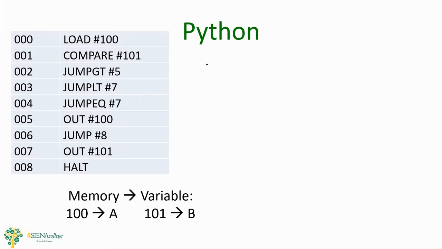Turns out that this becomes an if statement. We're going to load A and we're going to compare B. And we're going to see that if it's greater than, so if B is greater than A, we're going to go to line 5, which says out.